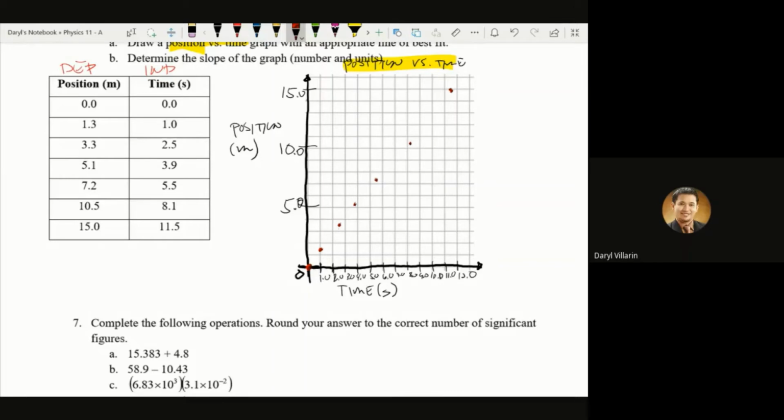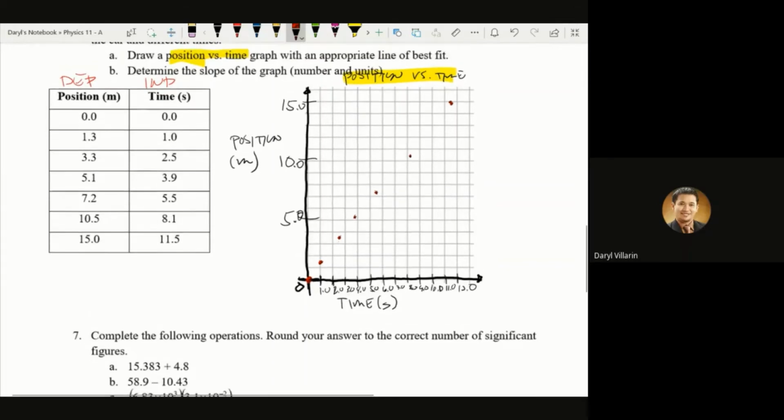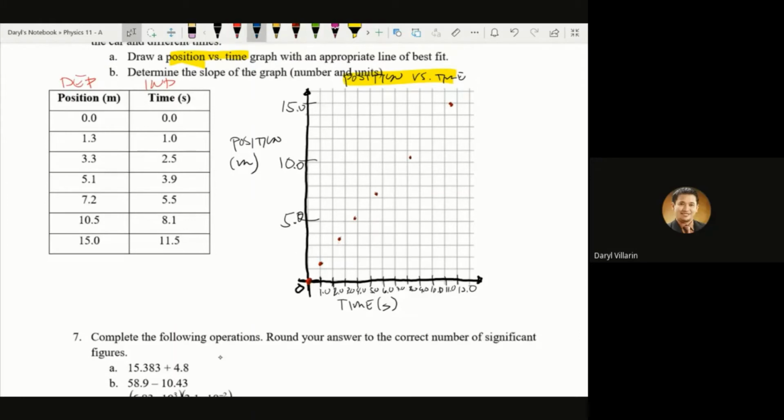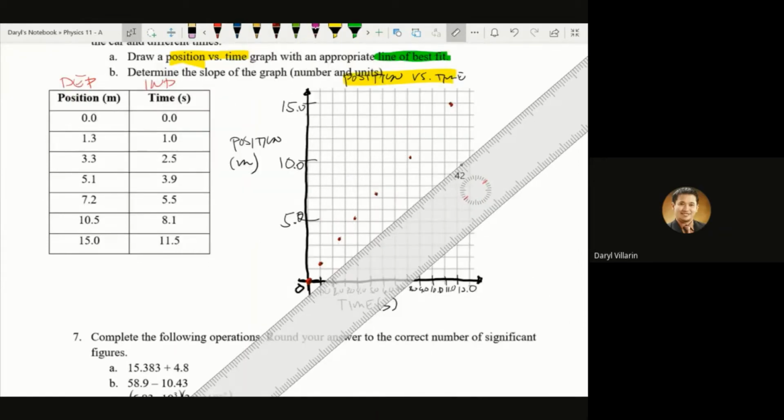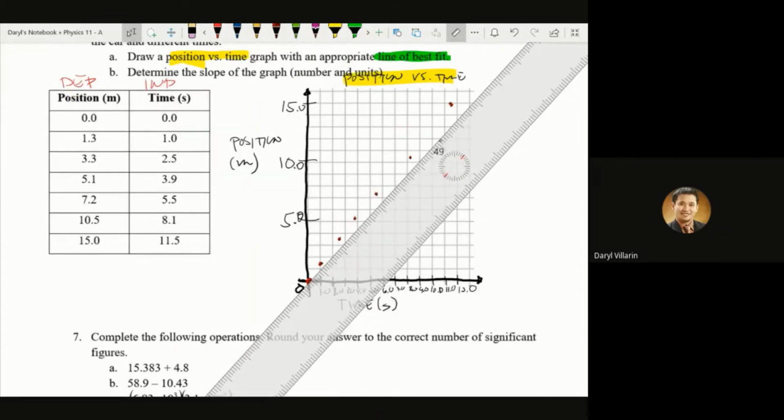Next, you are asked to draw the appropriate line that best fits, or the curve that should represent your data points. So if you can see here, you can use a ruler. Well, by just looking at that one, somehow that is just a straight line.